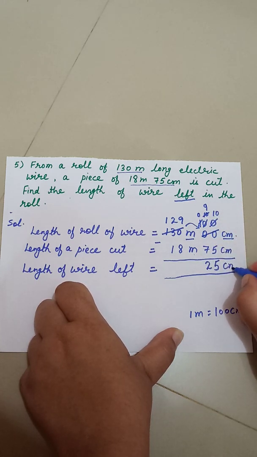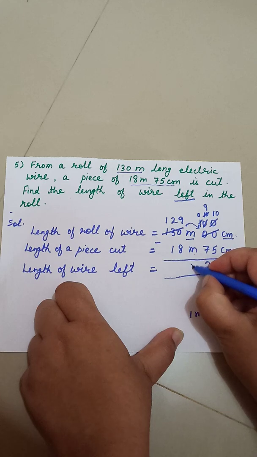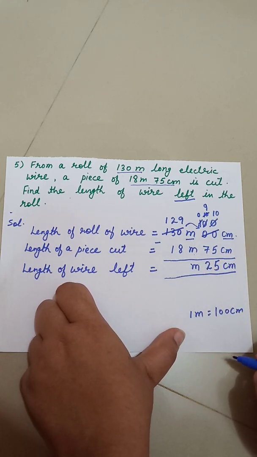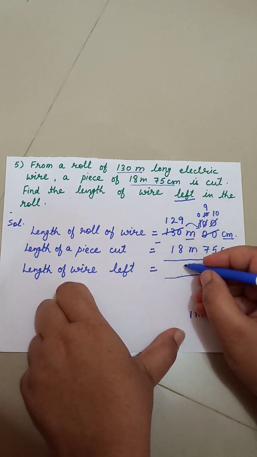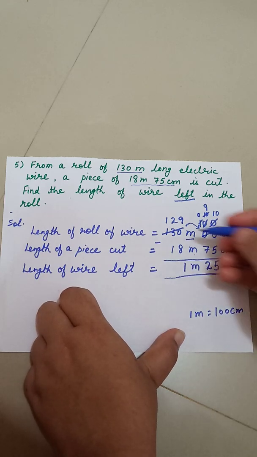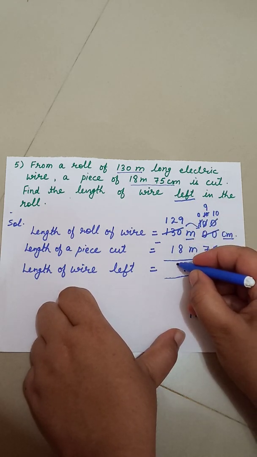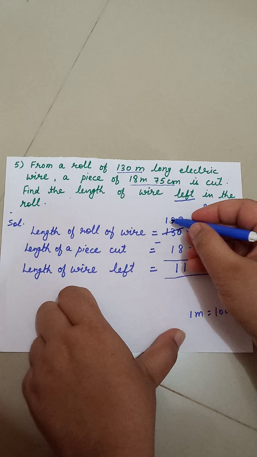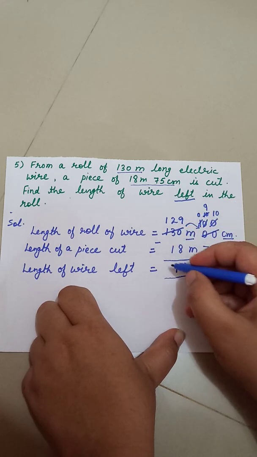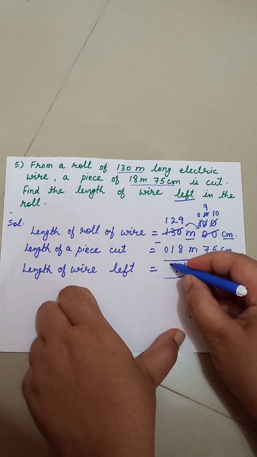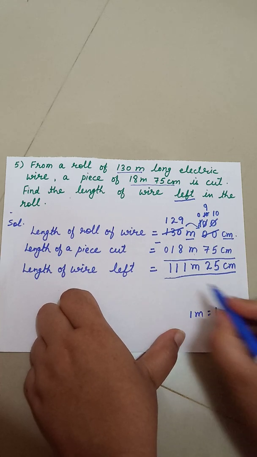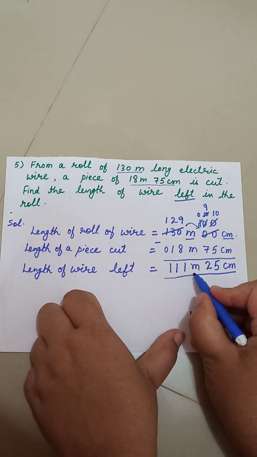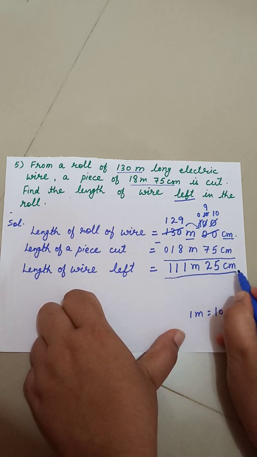So 25 centimeter. Now move to the other side. 9 minus 8 is 1, 2 minus 1 is 1, and this is only 1 minus 0, that is 1. So your answer is 111 meter and 25 centimeter.